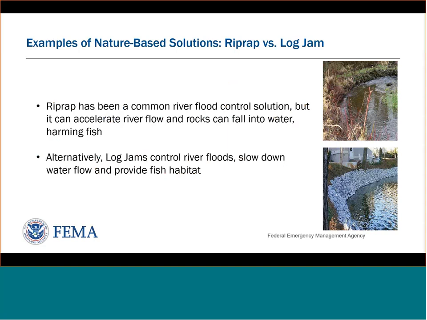Over time, rocks can fall into water and harm sea life. The above picture shows the logjam, which is a nature-based alternative that slows down water flow and supports sea life with much less risk of dangers from deterioration. Next slide, please.